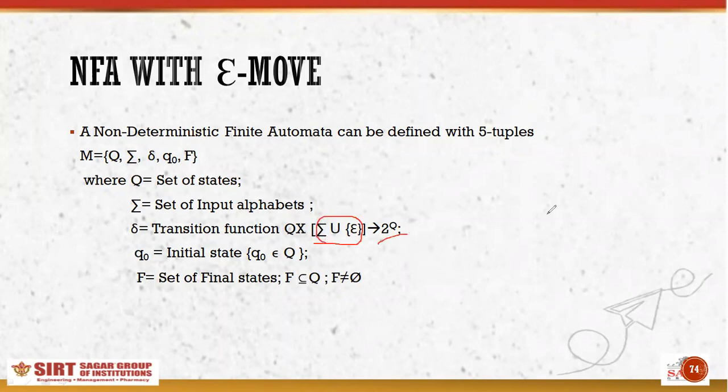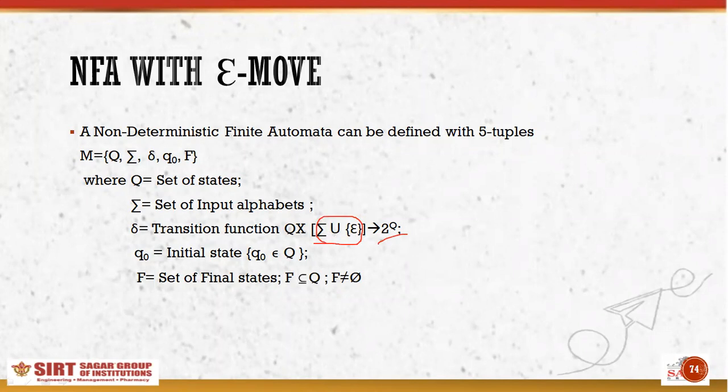On the right hand side, you are writing 2 to the power Q. That means maximum possible combination of states where you can reach after reading the present state and input symbol. Q naught is the initial state and F is the set of final states.